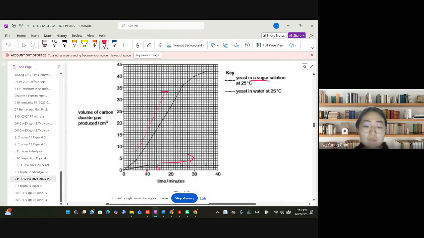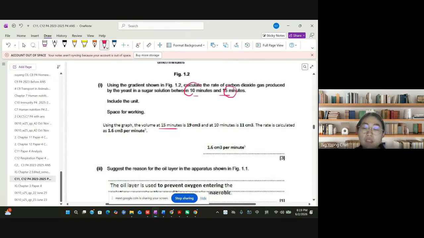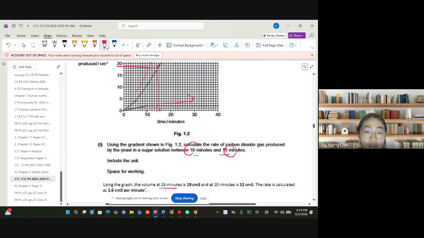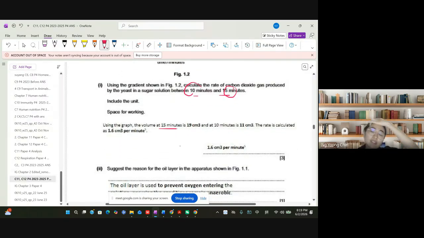And at 10 minutes is 71 cm³, around here. So you have 19 and the 15. So the rate is calculated as 1.6 cm³ per minute.